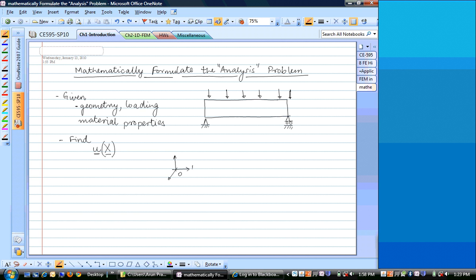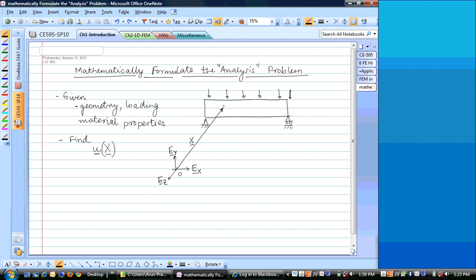So this is the origin. This is a unit vector in the x direction, unit vector in the y direction, unit vector in the z direction. And if I go to some point in the beam, let's say here, the position vector of that point in the beam I'm going to denote with big X.